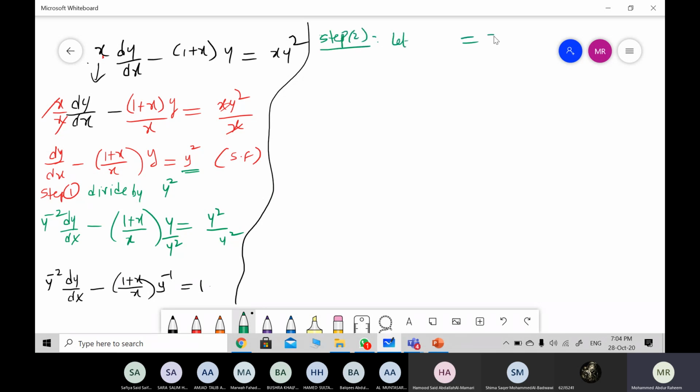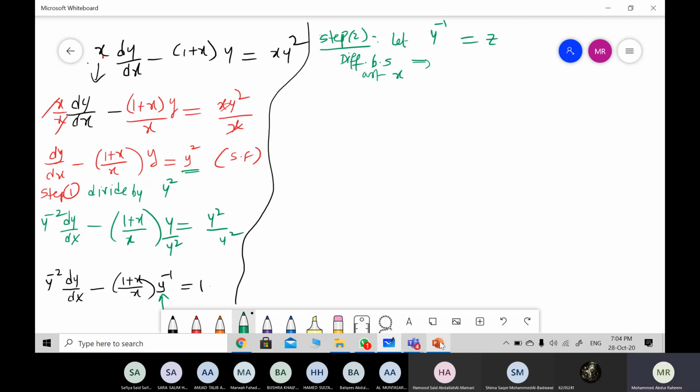Let or put something as z. That something is the y term in the second term. This is the first, this is the second, always. If we differentiate both sides, I notice it will always be y power minus 1. I mean that the second term will always be y power minus 1.